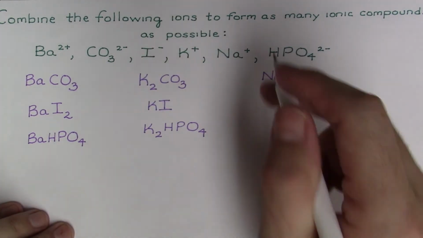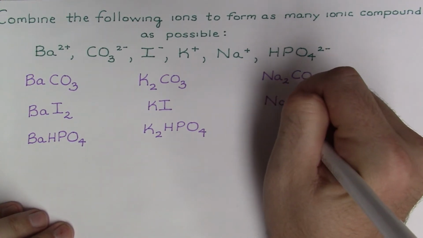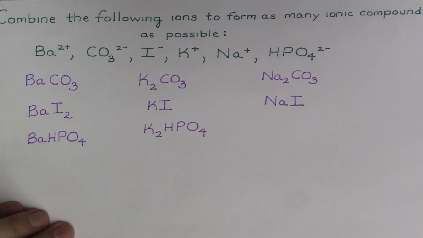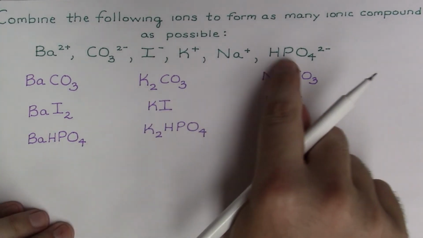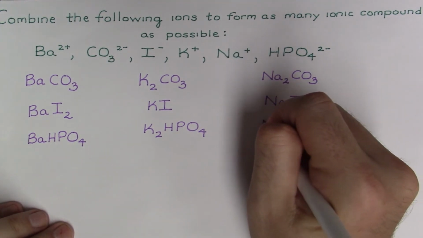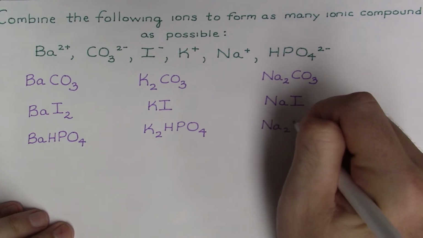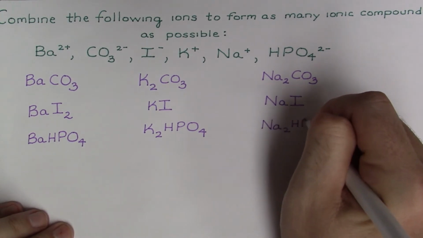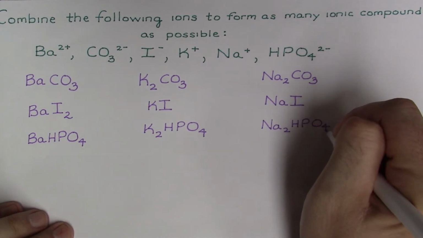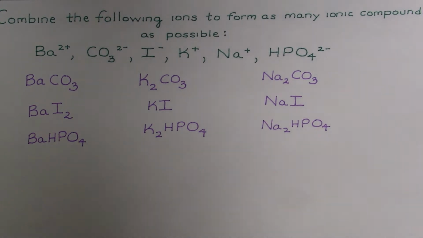Finally, we will mix our sodium and iodide, so we will get Na with I. And finally, my last match will be my sodium with my HPO4 2-. So once again, I will need Na2 to have a +2 charge to match with the HPO4 2- charge to cancel out. These are the 9 combinations that we could build with our first problem.